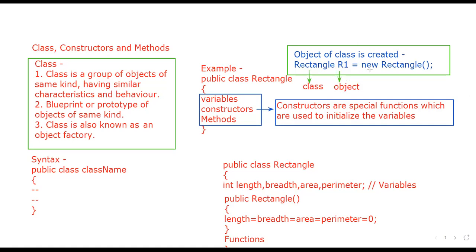For now, leave new aside. It is a dynamic memory allocation operator. New means it is a dynamic memory allocation operator. Is that clear to you? Yes, ma'am. And this whole Rectangle word, this is the constructor.